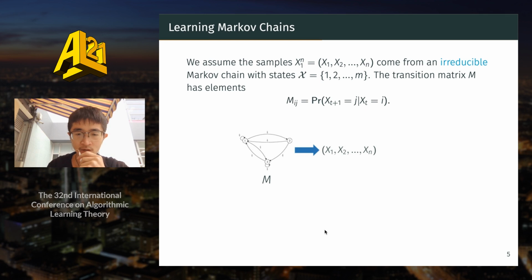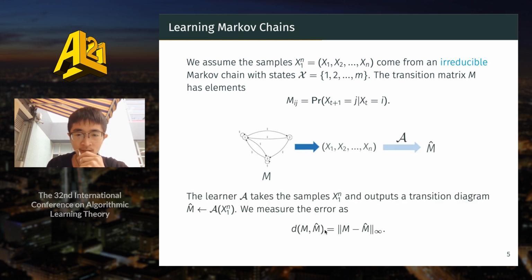From this Markov chain, we can draw a sample x1 up to xn, and then we have a learner A that takes these samples and outputs a transition matrix M hat. This is your guess for the transition matrix M. And we measure the error as the following distance, which is in fact the infinity matrix norm between M and M hat.